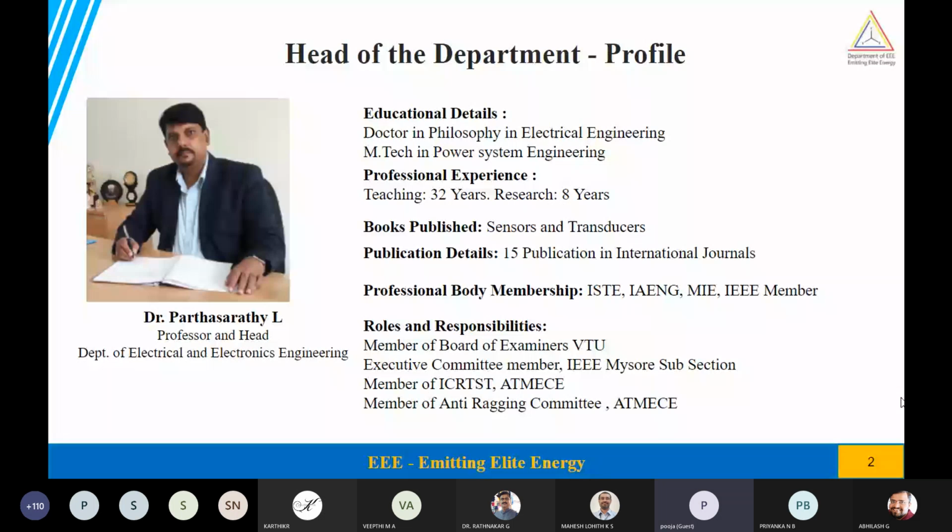And also, we don't stop there. We don't simply produce an engineer. We also ensure that he'll be placed appropriately. That's our job. We have intention in place. We have infrastructure in place. We are committed to what we are supposed to do as an engineering college and in the Department of Electrical and Electronics Engineering.